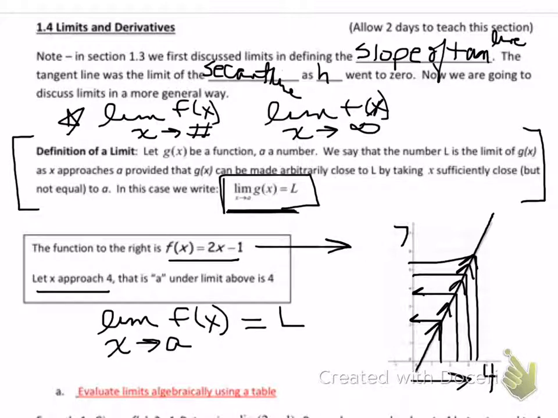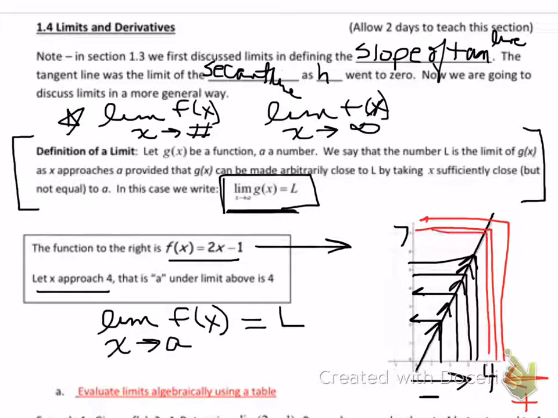We also try to approach it from the right. Approaching it from the right, I'm coming from this direction. That's the positive direction, higher numbers. When I approached from the left, I came from the lower direction, so that's going to be a negative. So let's go back to the right. As I approach from the right, I read up and over, up and over, up and over, getting closer and closer.